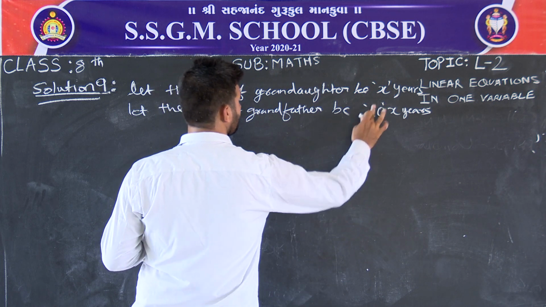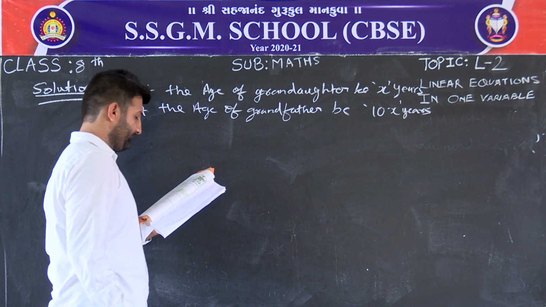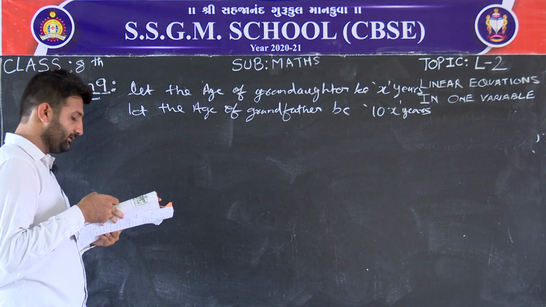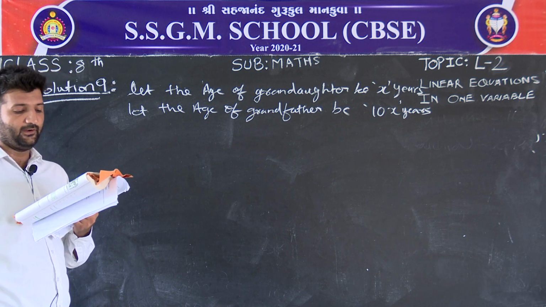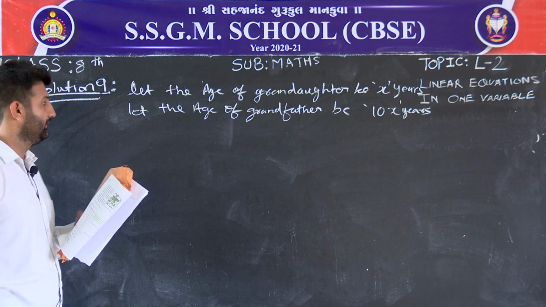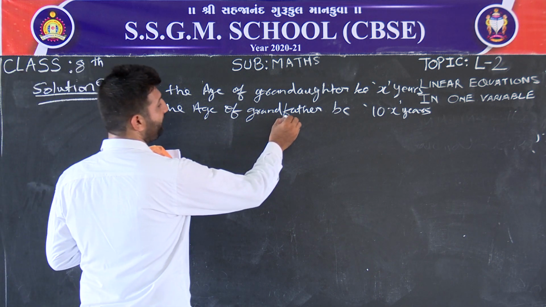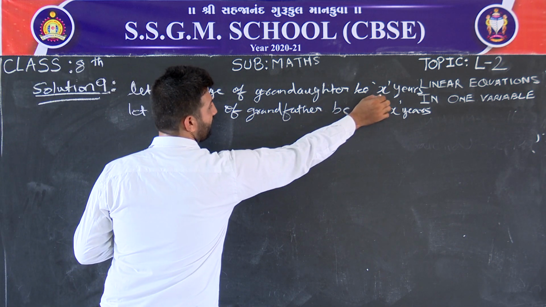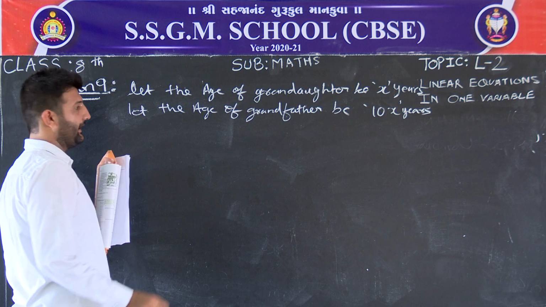Next, one more condition is also given. He is also 54 years older than her. Who is older? Grandfather is 54 years older than the granddaughter.